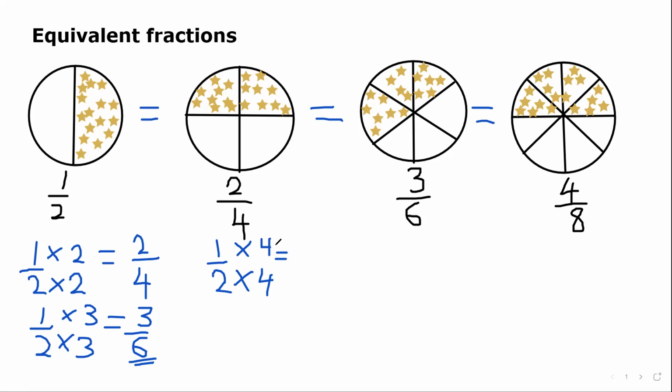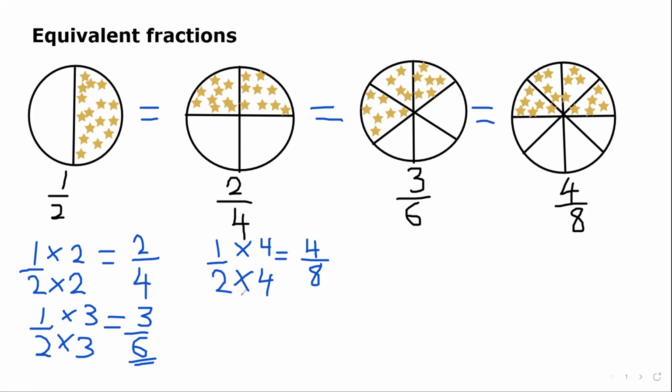When you use 1 to multiply the 4 here, you get 4, and when you use the 2 to multiply 4 here, that will be 8. Therefore, 4 over 8 is equal to 1 over 2.